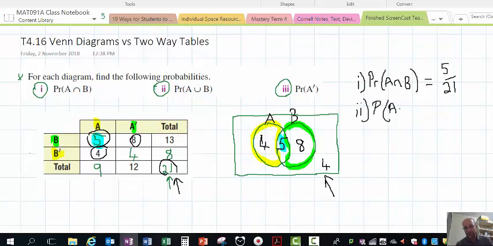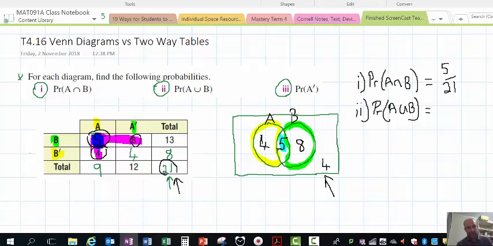A union B. Probability can just be P or PR, it doesn't matter. Remember when we were dealing with Venn diagrams, A union B was all of that together: 4, 5 and 8. Where we see that here is 4, 5 and 8 like that.